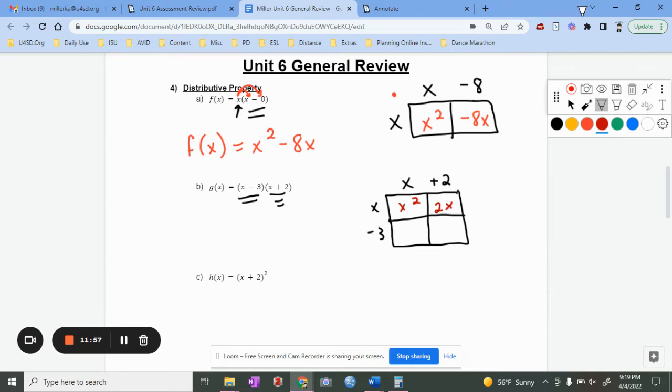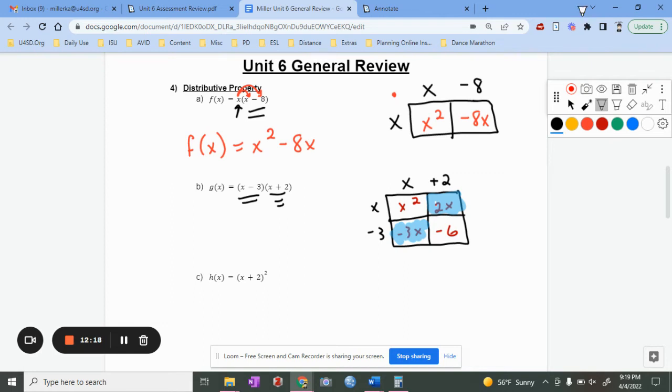Negative 3 times x is negative 3x. And negative 3 times 2 is negative 6. Now, when we are looking at this, you might notice we have some like terms here in our corner boxes. So I do need to combine those.